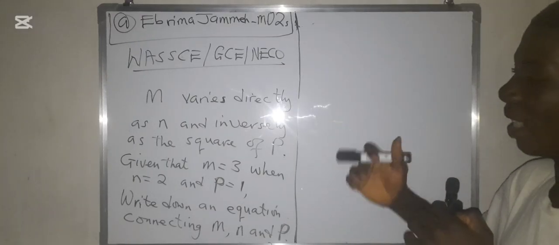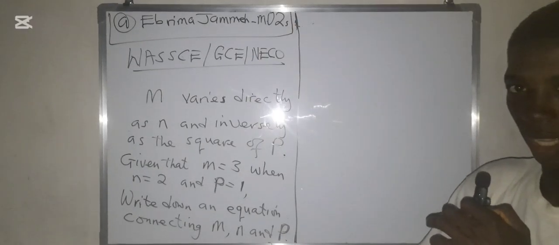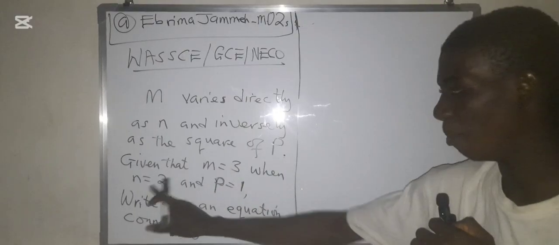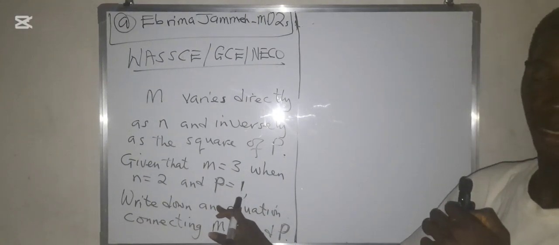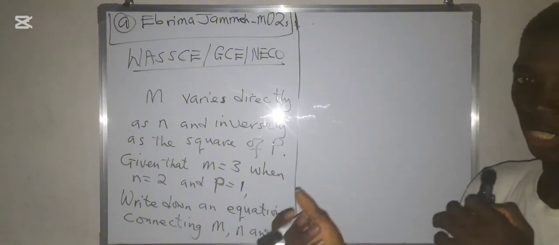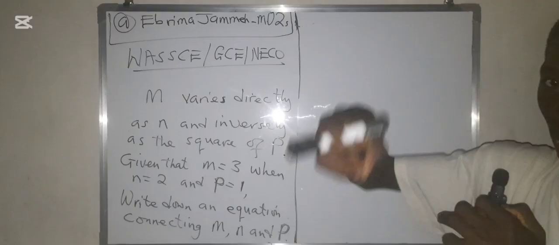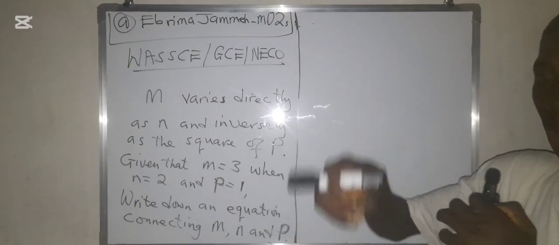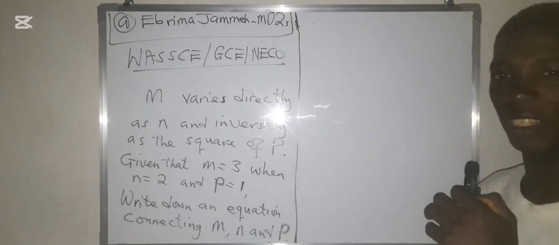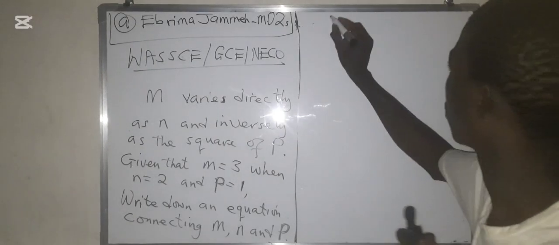Then after writing down an equation, you find the value of the constant using the values of P, M, and N. After finding the value of the constant, you can conclude that the equation connecting M, N, and P is this. I don't know whether you are getting this point. Let's solve this out.